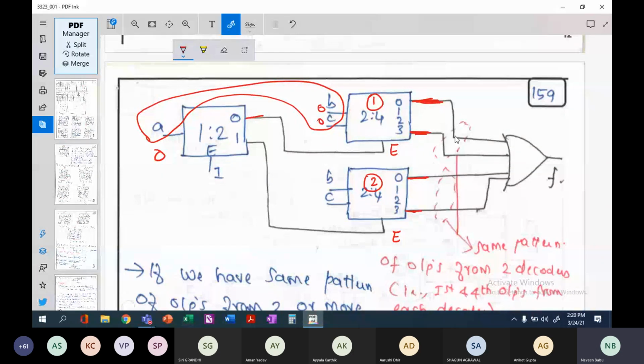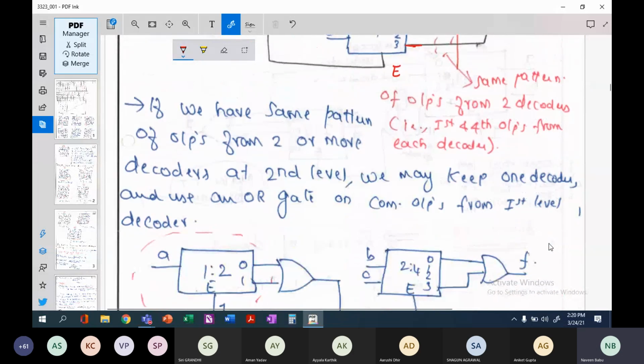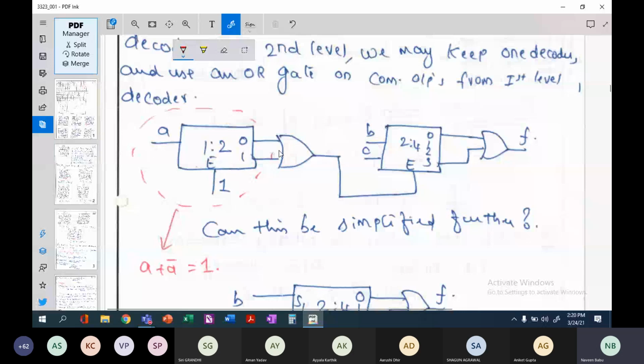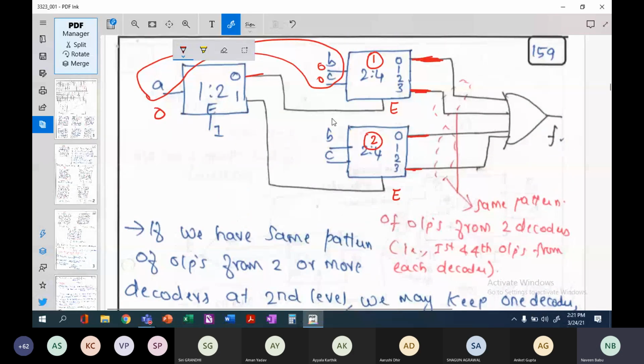Whenever you are having such a kind of a pattern across different decoders, what you can do is you can again remove one decoder, and you can just create an OR function, something like this. Okay, what is this particular OR function? That is, in both the decoders, whether your select signal is 0 or 1, we are going to use the first and the last output only. So you can always simplify.